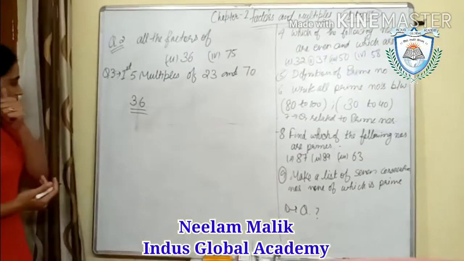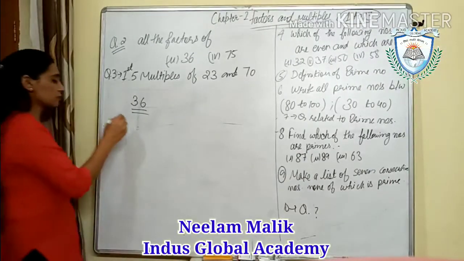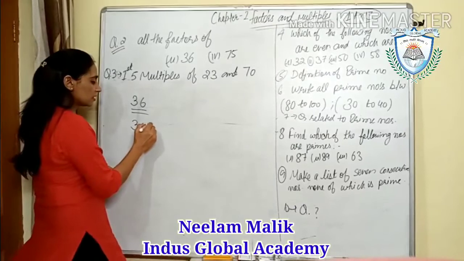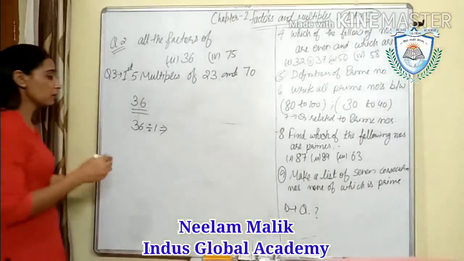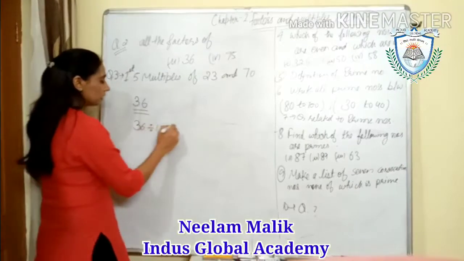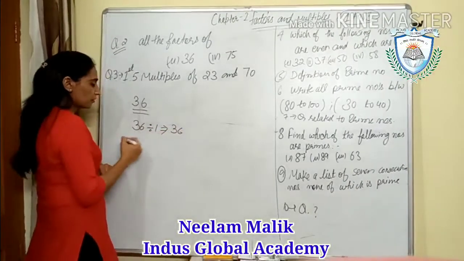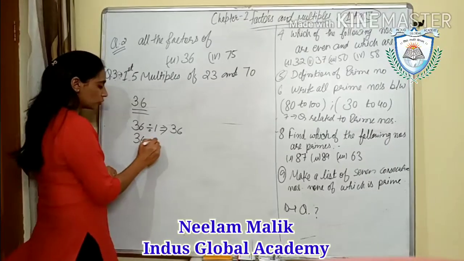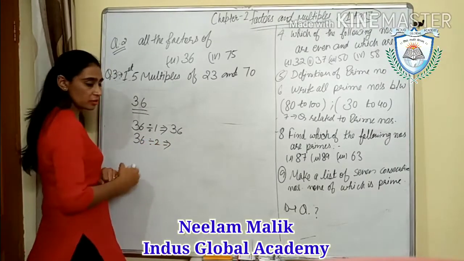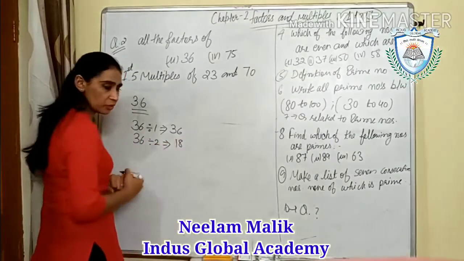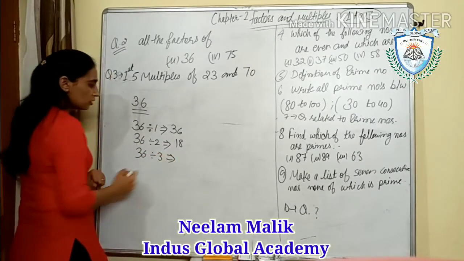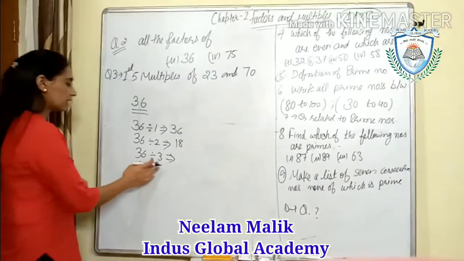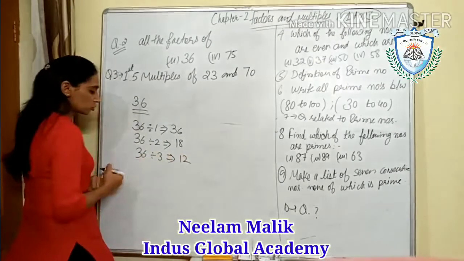First we will check: divide 36 by 1, we get 36. Divide 36 by 2, we get 18. Divide 36 by 3, we get 12.